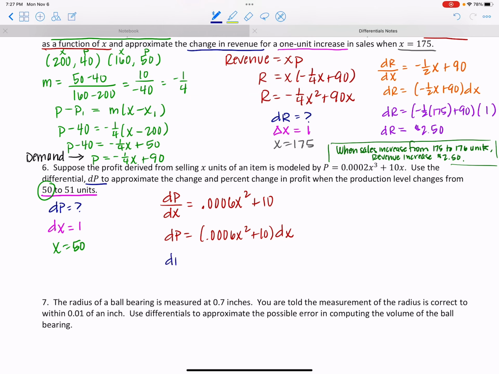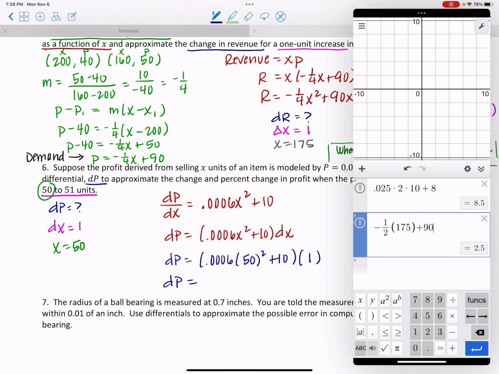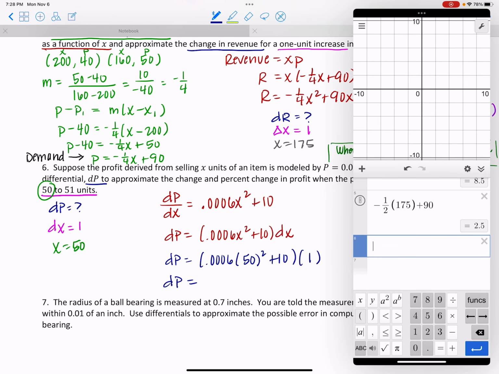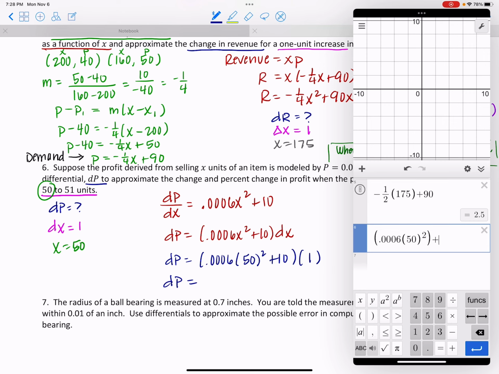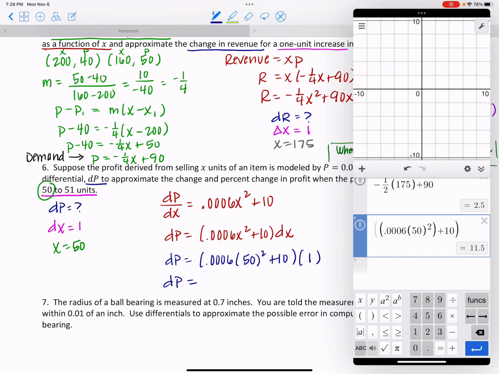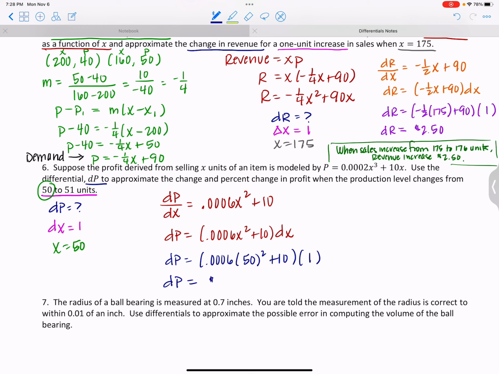So we're going to say dp is going to be 0.0006 times our x value of 50 squared plus 10, and then we have to multiply by 1. So in this particular case, 6 multiplied by 50 squared, add 10, and then times 1, we get 11.5, and these are profits, so we'll say $11.50.